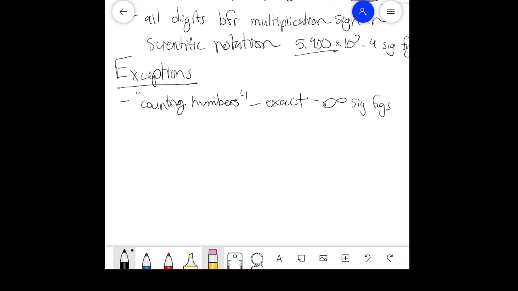So that would be like 23 cars. We're not estimating how many cars there are. We know there are exactly 24. It's not any guesswork, and you're not going to have half a car. So that has infinite sig figs. And then defined quantities. Oops.